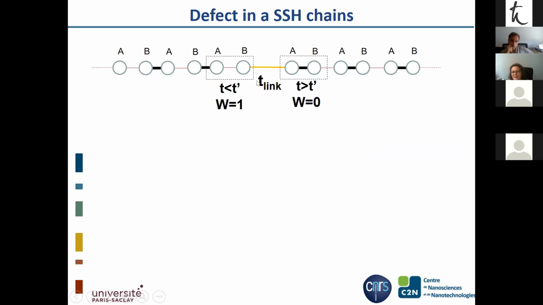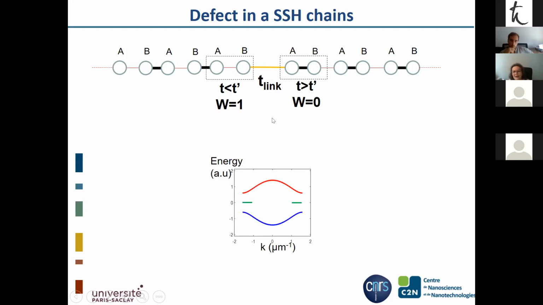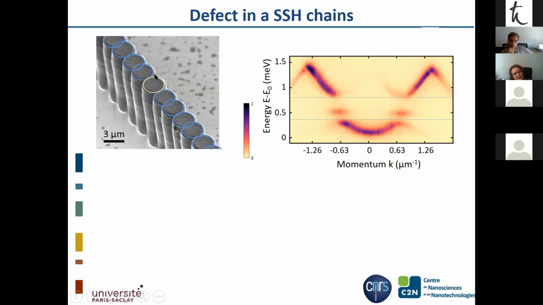So now we could look at the edge states. What we have done in this paper is to create a defect inside the bulk. So you see that here there is a defect in the modulation. We have a link which can be either weak or strong, but which is a cut of the periodic modulation. And that way you expect to see an edge state. So this is what we have done here. You see that here we have two consecutive weak links.